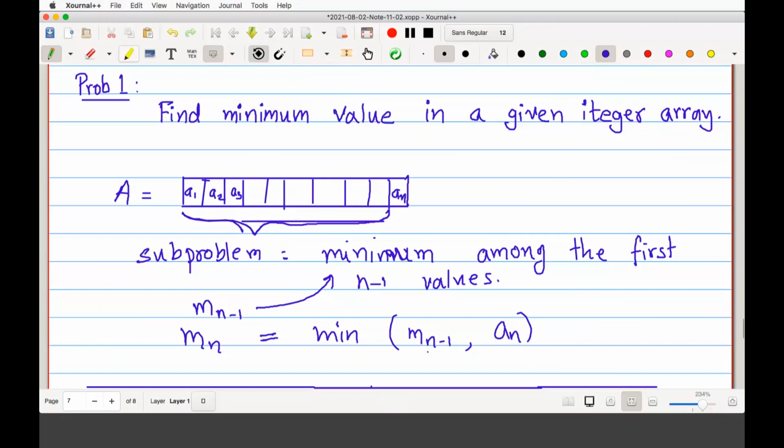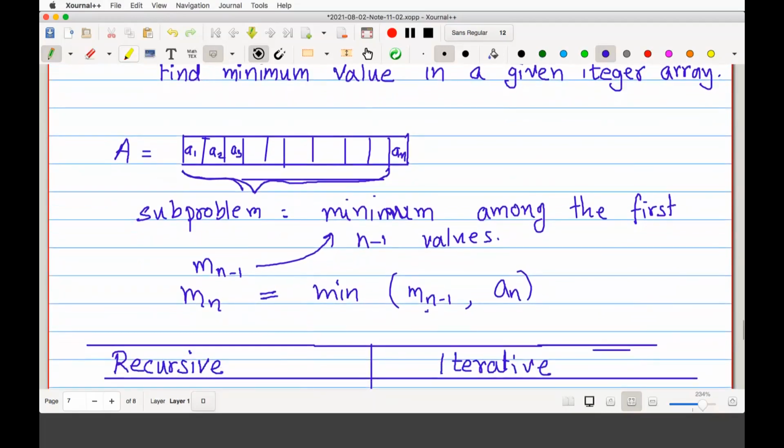In this case, it was very simple, but we'll see examples later on when this step needs some thinking: how to build the solution for your original problem using the solution for your subproblem. So that step is already done here. You simply need to find the minimum of mn minus 1 and an.